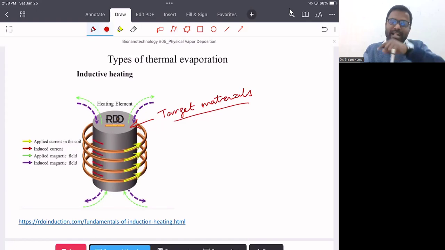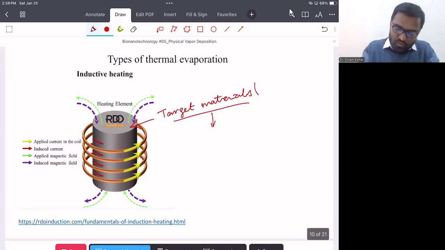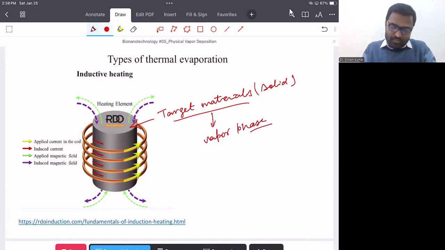If we put the target material in this coil and apply a very high current to the terminals of this coil, what will happen because of inductive heating? There is localized heating in that target material, and this solid state material becomes the vapor phase. Again, we can use that vapor to deposit the material on the substrate.